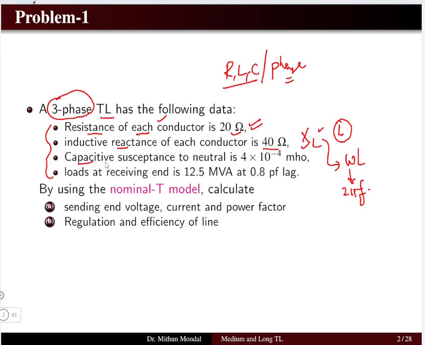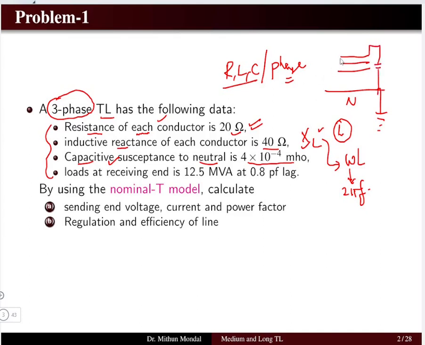The capacitive susceptance with respect to neutral is given, that is 4 into 10 to the power minus 4 mho. Now understand, when you have a three-phase system, you will have three lines and one neutral, and obviously the neutral will be grounded. So whenever the capacitive susceptance is given, it will be between a line and the neutral point.